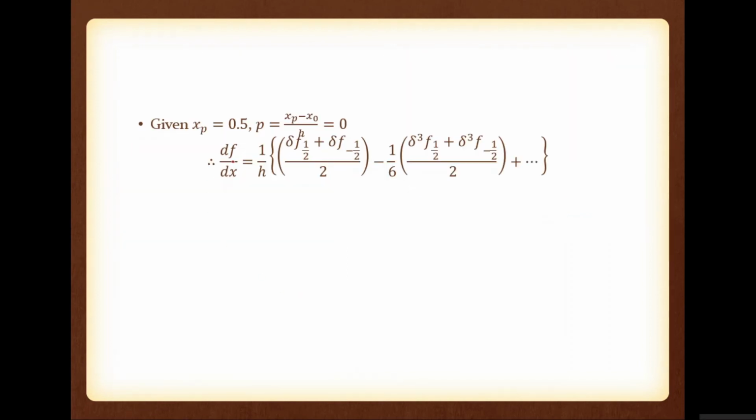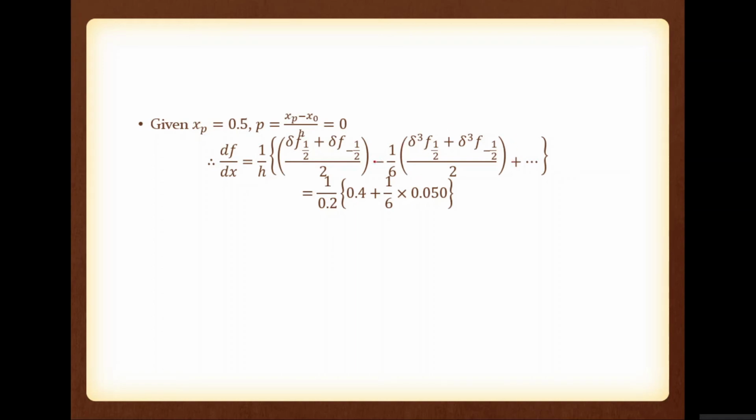So please note df by dx is equal to, what is h? Please don't forget this h. This is 0.2. So you have to write it. So df by dx is equal to 1 by 0.2 into the average. This average term is 0.4. Okay, from that table this is 0.4. Now the average of this one is minus 0.05.